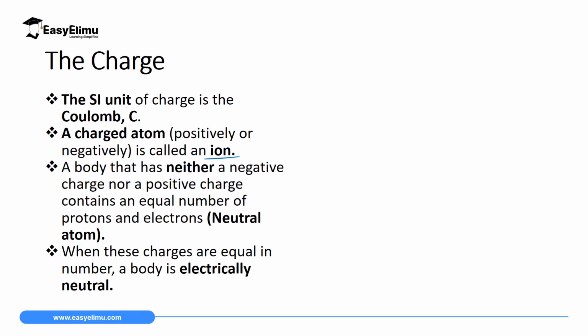Another thing that you should note is that the SI unit of these charges, either positive or negative, is the coulomb. And the coulomb is given as simple capital C. And we have multiples and submultiples of coulomb. 1 coulomb is equal to 1000 millicoulombs. And then 1 millicoulomb is equal to 1000 microcoulombs.